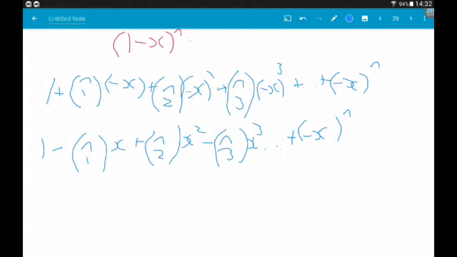So we've got minus n choose 1 x, minus n choose 3 x cubed. So if n is even, then our final term minus x to the n would be positive. If n is odd, then minus x to the n is going to be negative. So that's our first one. Hope you followed that alright.